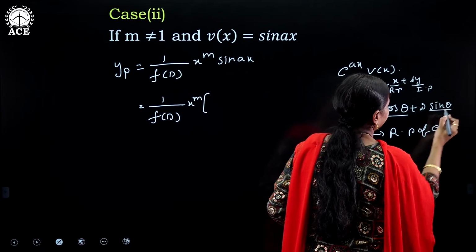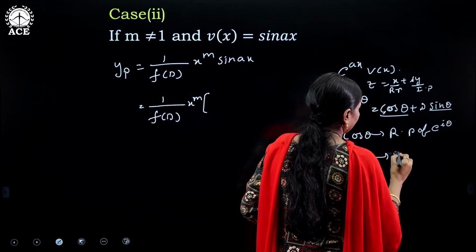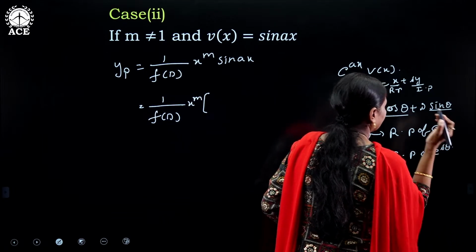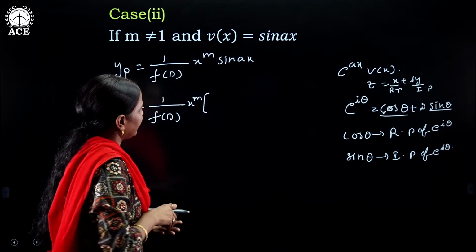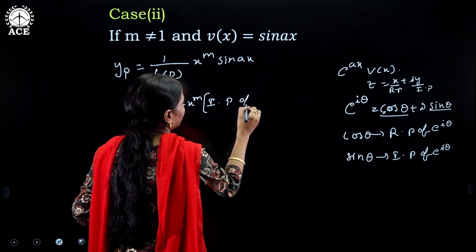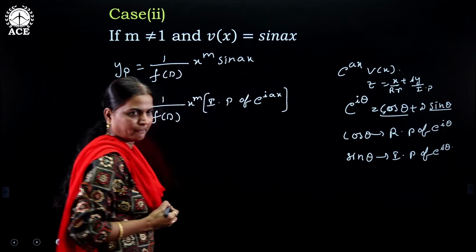And sin theta is the imaginary part of e power i theta. Now here we have sin ax. Sin ax can be written as the imaginary part of e to the power iax.